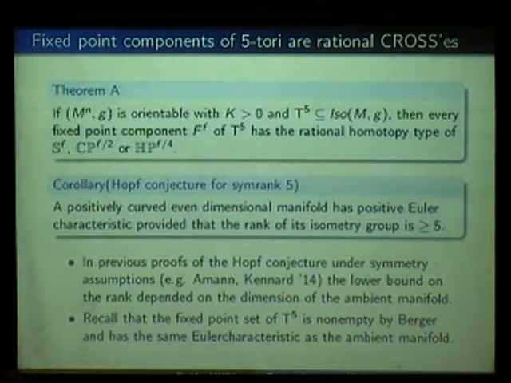The fundamental group is finite, and rationally a sphere just means the universal cover is a sphere, right? Okay. So this implies the second Hopf conjecture, the one on the Euler characteristic, provided that you have symmetry rank 5, right? So if you have a positively curved even-dimensional manifold whose isometry group has rank 5, right? Then you can find a T^5 inside the isometry group.